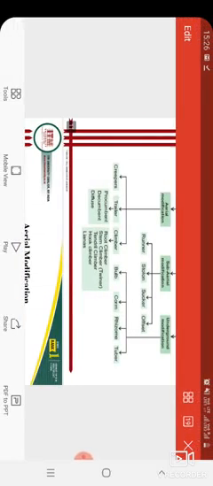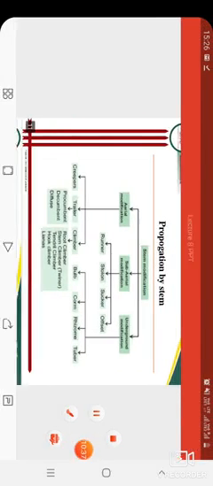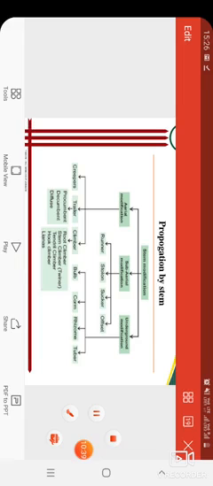Now next is propagation by stem. Stem modification is of three main types: aerial, subaerial, underground.